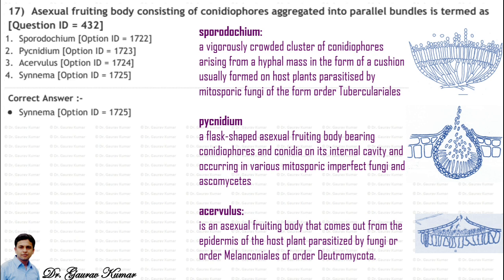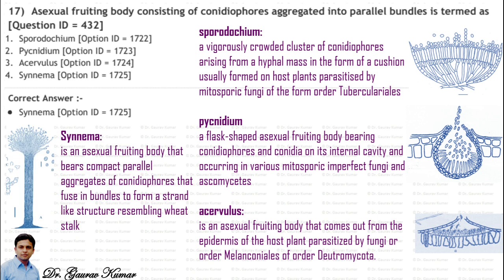And finally, our Coremium. On the left hand side, you can see it. Coremium is an asexual fruiting body that bears compact parallel aggregates of conidiophores that fuse in bundles to form a strand-like structure resembling a wheat stalk. So the answer is Coremium.